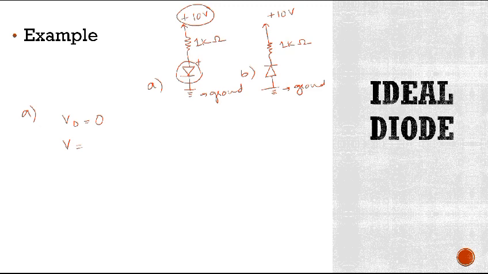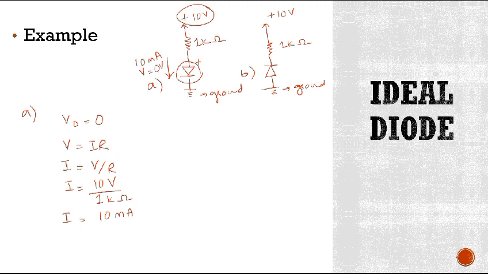We know that V is equal to IR. Therefore, I will be V upon R. We know that V is 10 volts and R is 1 kilo ohms. Therefore, the value of current will be 10 milliamperes. It means current of 10 milliamperes is going through this diode and the voltage drop is 0 volts.